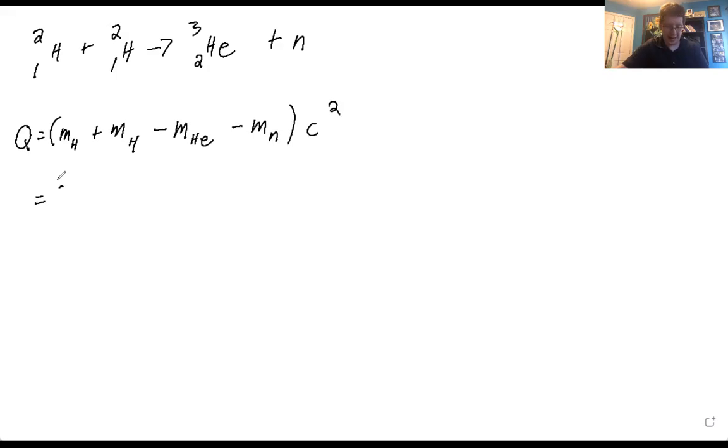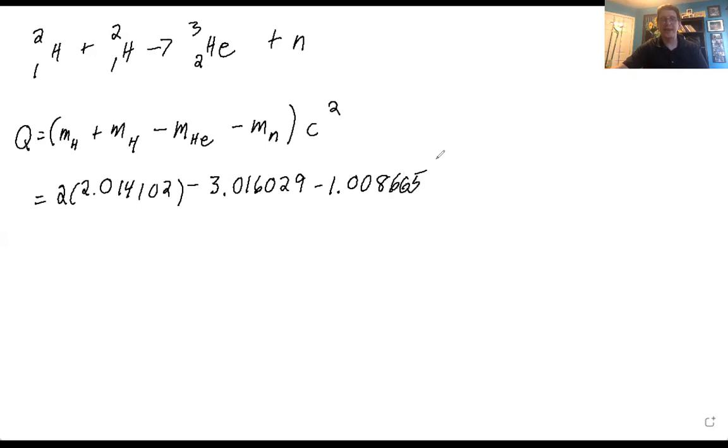So we can write that as 2 times 2.014102, that's the mass of deuterium, minus the mass of helium-3, which is 3.016029, and then minus the mass of the neutron, which is 1.008665.